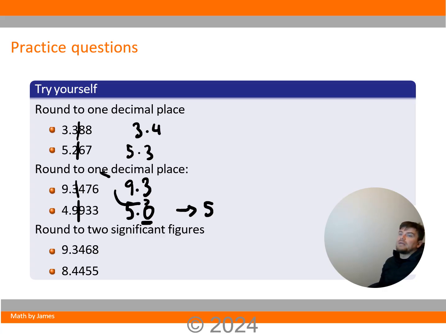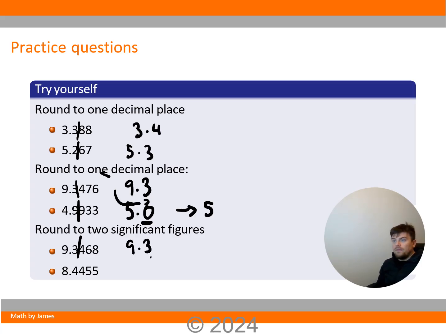So here we need to round to 2 significant figures. We put our line where there's the 2 most significant figures, and we make this 9 point. So do we round up or down? We round down because we've got a 4. 4 and below, we round down, which makes us 9.3.